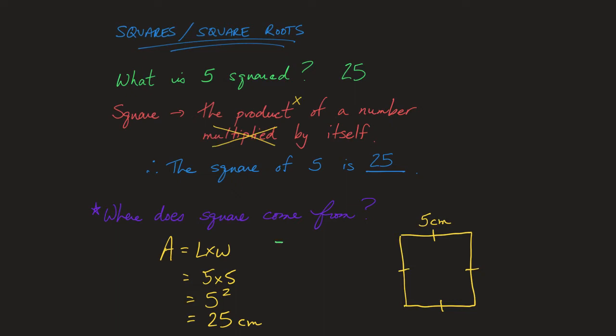So if I say that that dimension right there, if I follow that green arrow, and now I just get rid of the arrow to make it a line segment, that might be 5 centimeters. Well, if that was 5 centimeters, then 5 centimeters by 5 centimeters would represent a square unit.